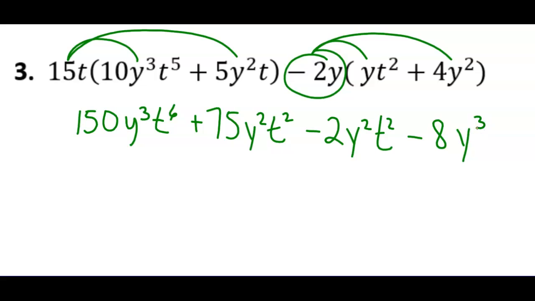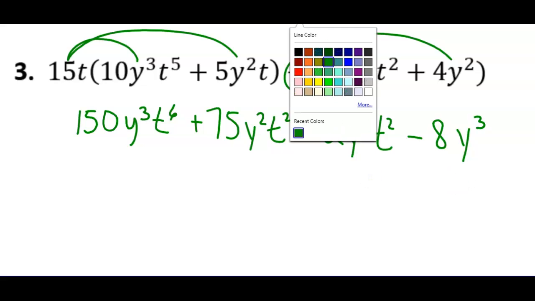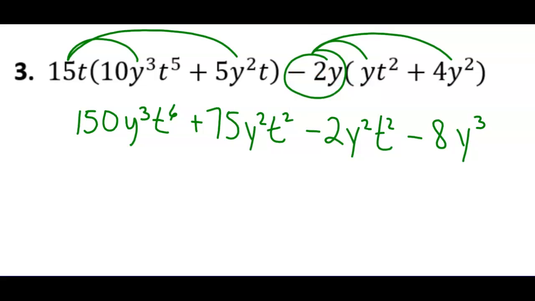Okay, now, again, just like I did in that original problem, that first simplified problem, I need to look for like terms. Are there any y cubed t to the 6ths? Nope. y squared t squared? Yep, there's one right here. And y cubed? Nope. So I'm going to change colors again so that I can make that indicated well.